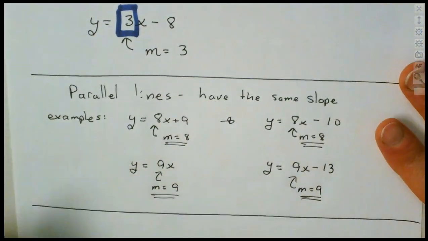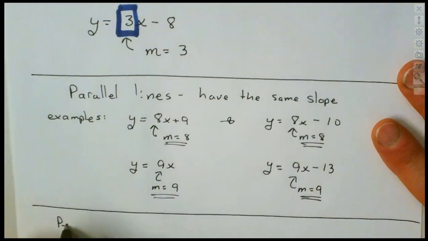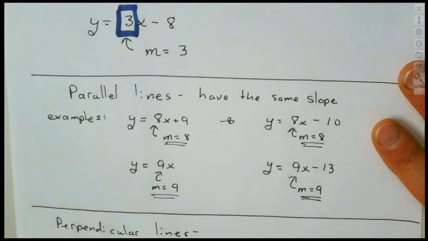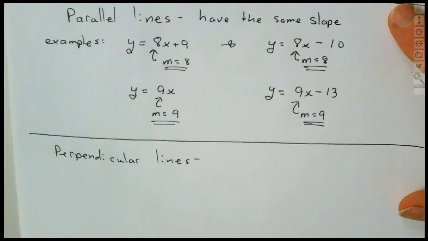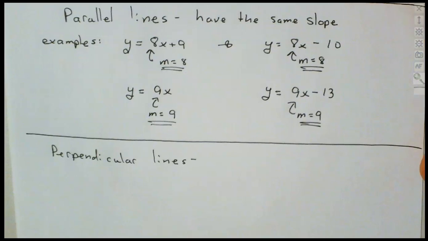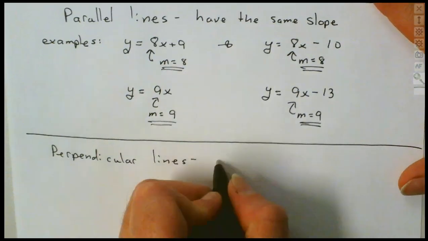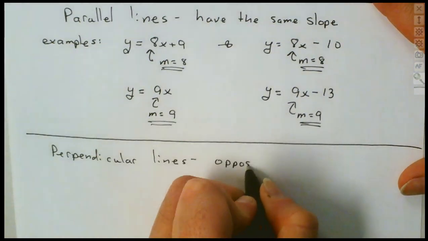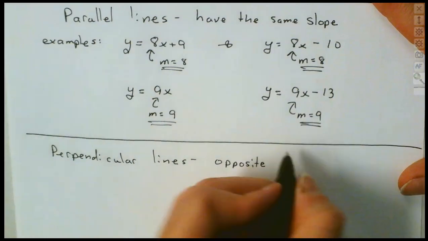Now, perpendicular lines have opposite or negative reciprocal slopes. The textbook uses negative, but I think that's confusing for students. So I usually say opposite reciprocal slopes, or opposite sign reciprocal slopes.